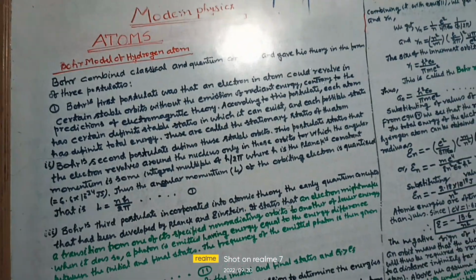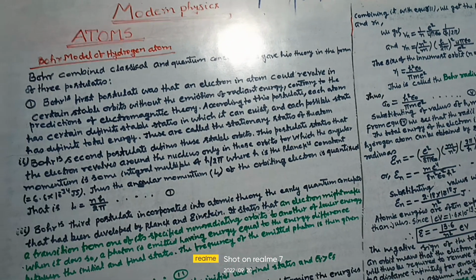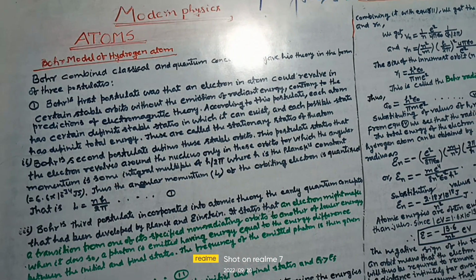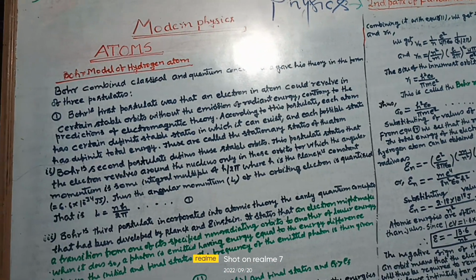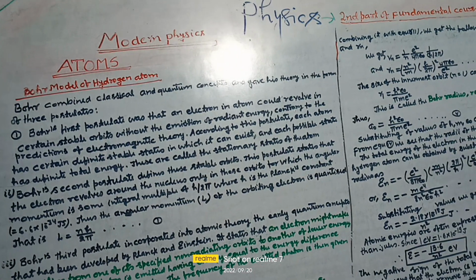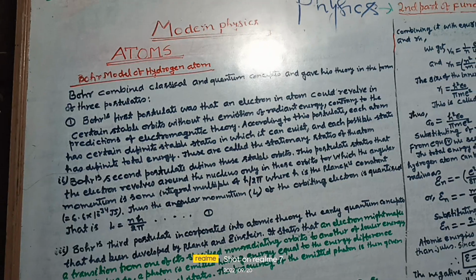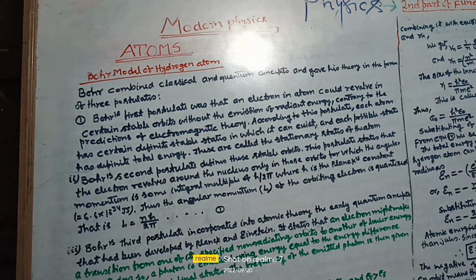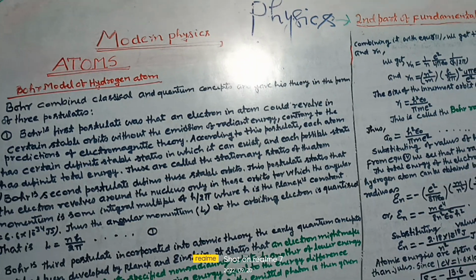Bohr's first postulate was that an electron in an atom could revolve in certain stable orbits without the emission of radiant energy. Contrary to the predictions of electromagnetic theory, according to this postulate, each atom has certain definite stable states in which it can exist.